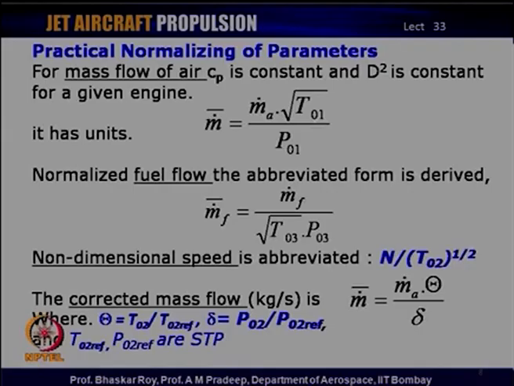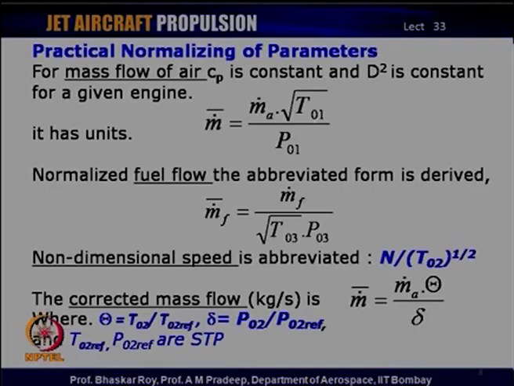And correspondingly, the non-dimensional speed can be written down as N divided by root over T 01. Now, this essentially gives us the so called normalized values, which quite often people use.